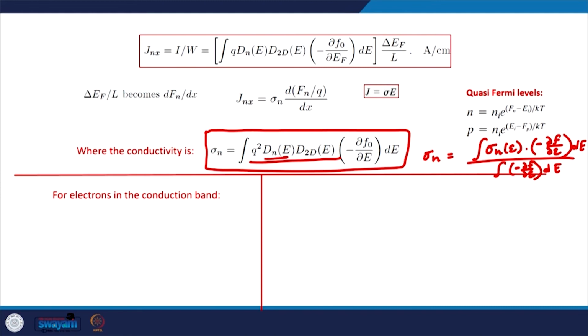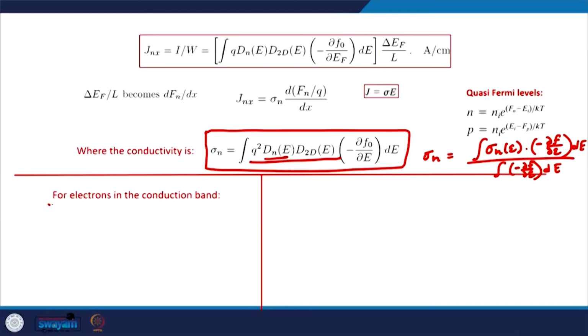The physical dimensions may be important in some cases. Okay. So, for the electrons in the conduction band, and please remember that we invoked the idea of quasi Fermi levels, and the quasi Fermi levels may be different in the conduction band and in the valence band.